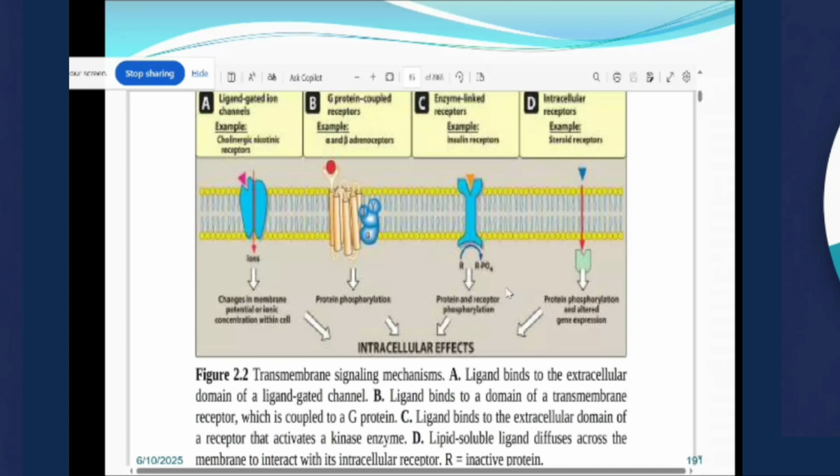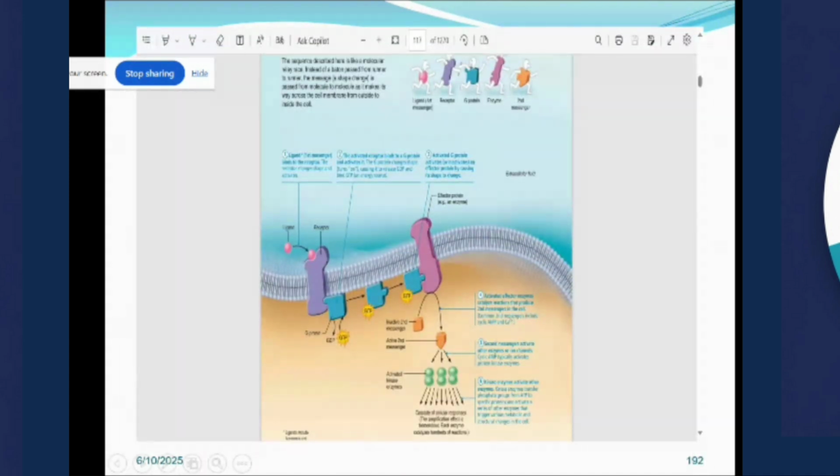But the mechanisms of each are what give us a difference in terms of which second messenger system is being used. Which second messenger system is being used for the G-coupled?